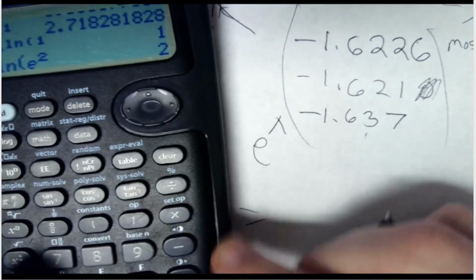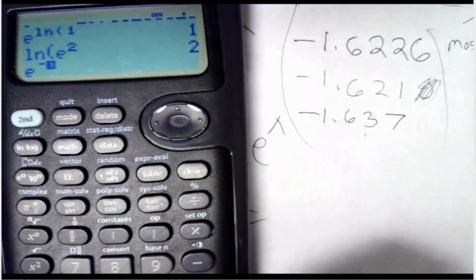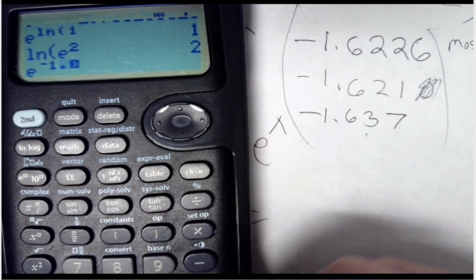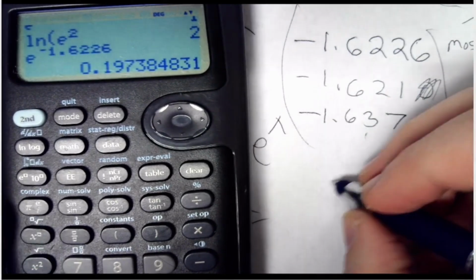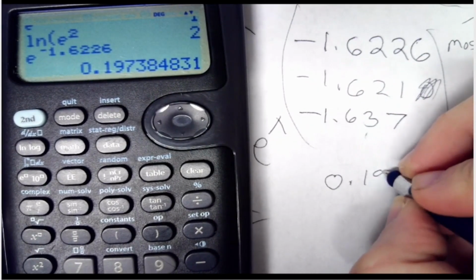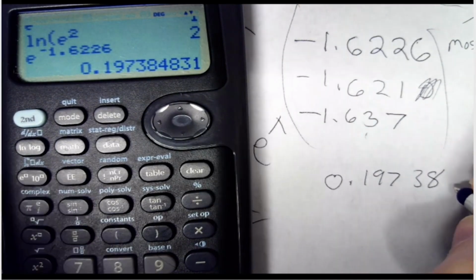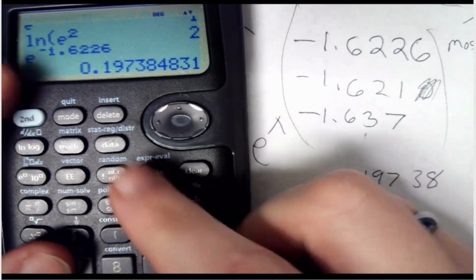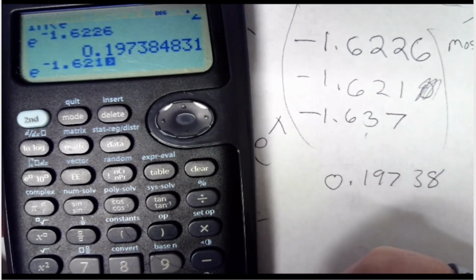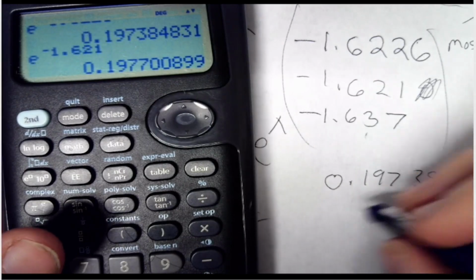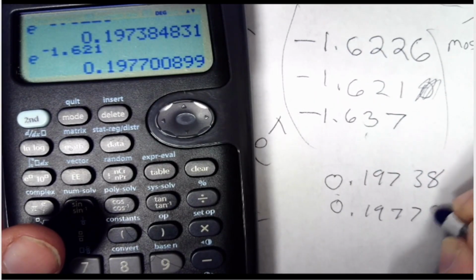So let's look at my numbers. If I take e, let's do the most accurate one, the one that should be right, negative 1.6226. I get 0.19738. If I did the slightly less accurate one, negative 1.621, I get 0.19770.